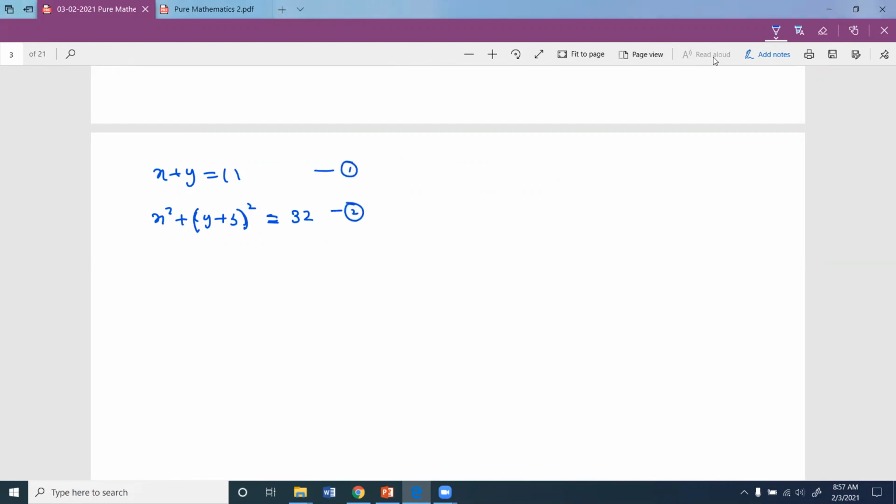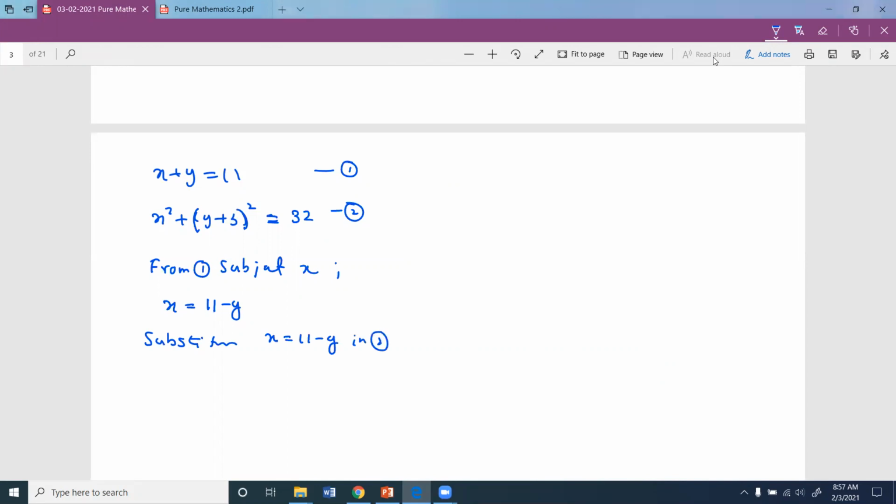That is the usual approach for this. We take one equation and make one variable the subject. I'll make x the subject, I think that's easier for me. So x equals 11 minus y. Then substitute x equals 11 minus y in the second equation.